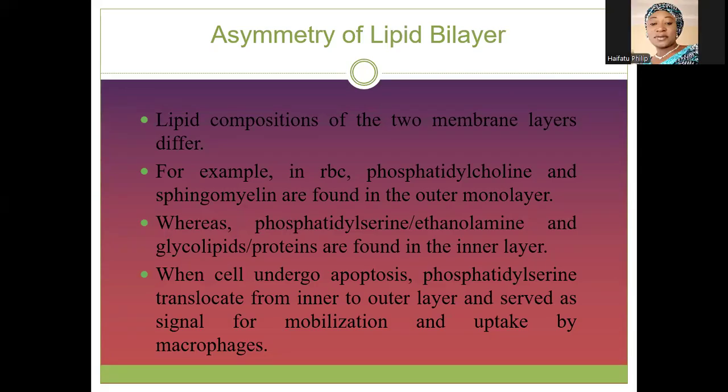In most cases, and this is specific to red blood cells, you can have some situations where they change in position. For example, when a cell undergoes apoptosis. What is apoptosis? Apoptosis is programmed cell death.